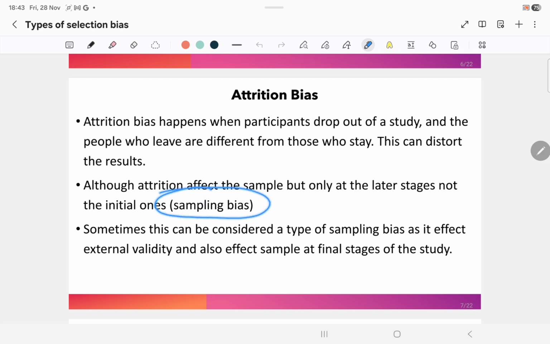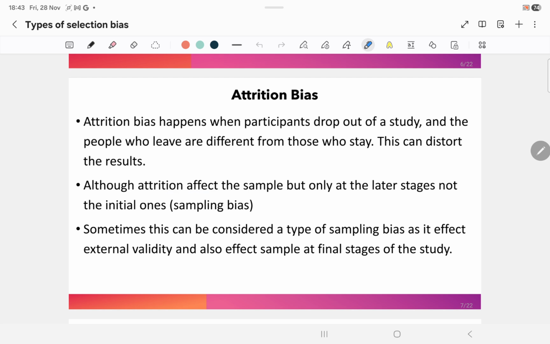In sampling bias, at the start of the study, we are doing the wrong sampling. That is why there was bias initially. At the start of the study, we were not taking correct people to begin with. But attrition happened during the study, somewhere in the middle. So that is why attrition is a kind of selection bias, not a sampling bias.